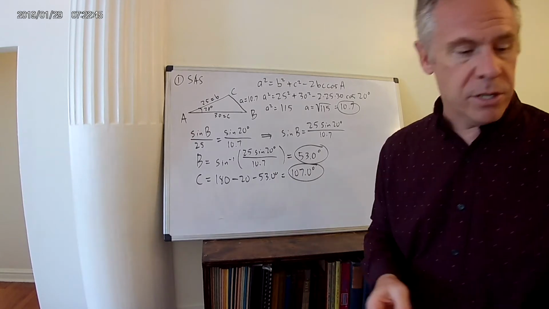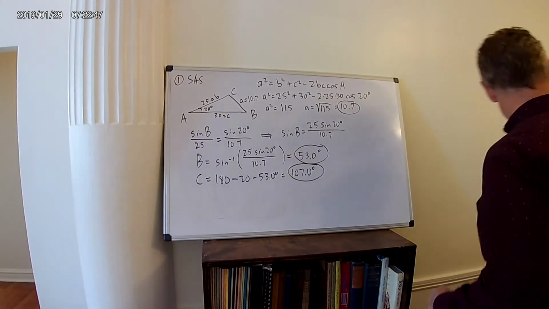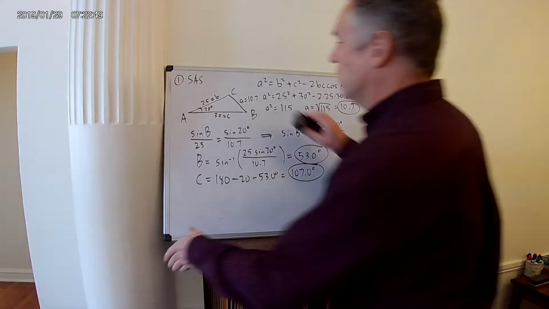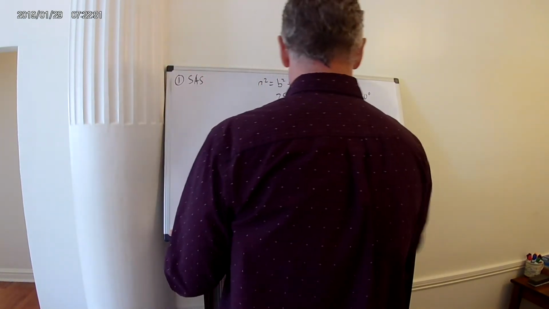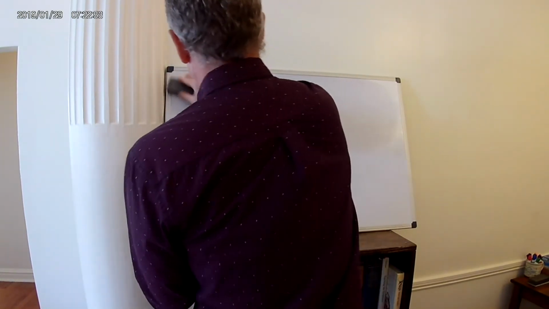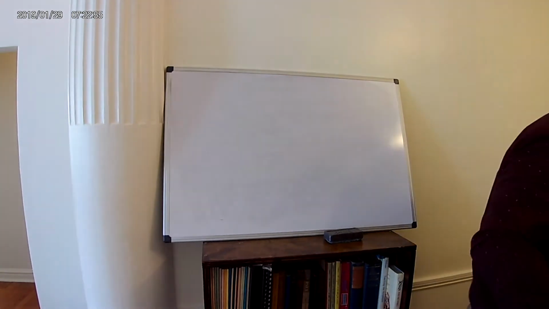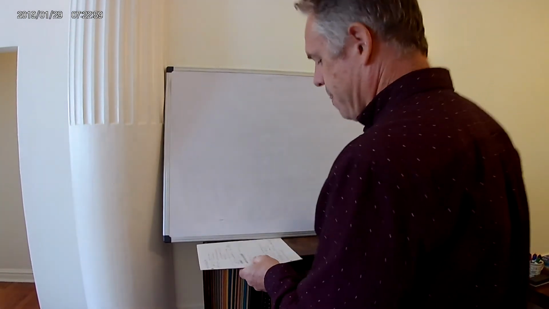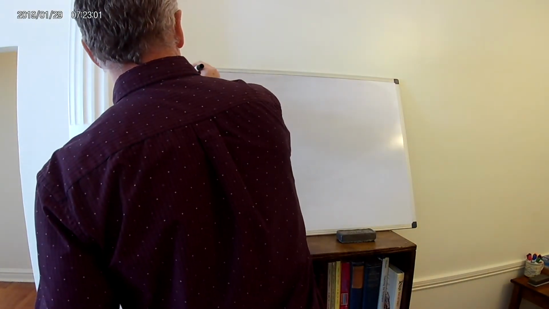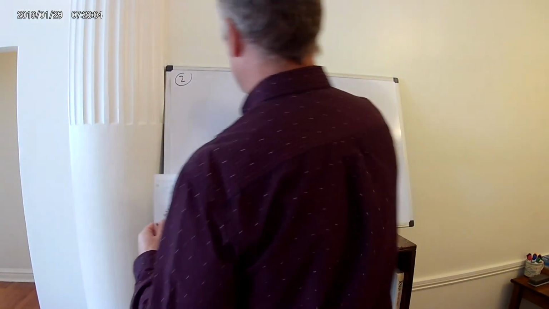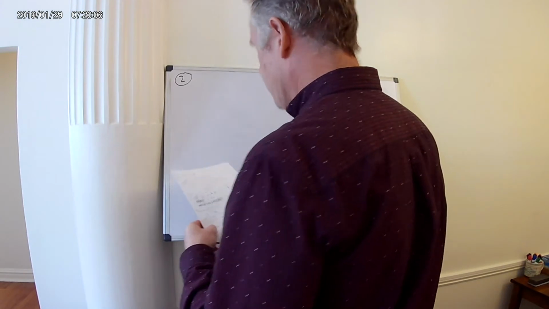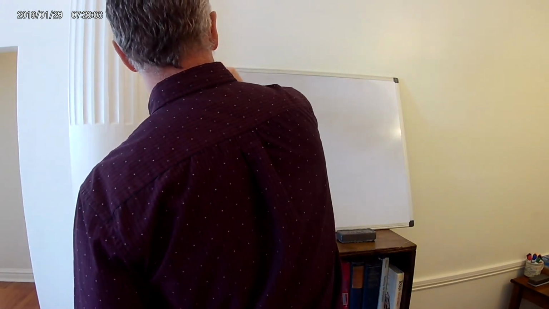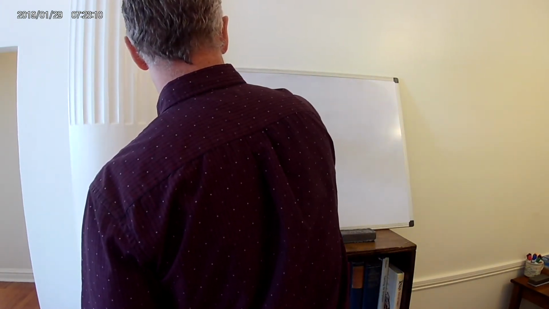Okay, I want to do another example with an SSS triangle. Okay, it's example 2. Push this up a bit. Okay, let's suppose we have an SSS triangle, and this is what we have right here.